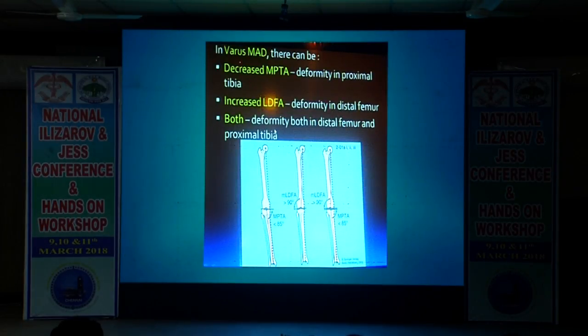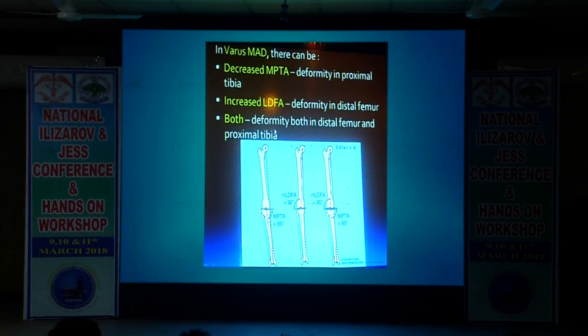So for example, in a varus mechanical axis deviation, decreased MPTA means the deformity is in the proximal tibia. So your correction, your osteotomy, would usually be performed around the tibia area, and increased LDFA means the deformity is in the distal femur.